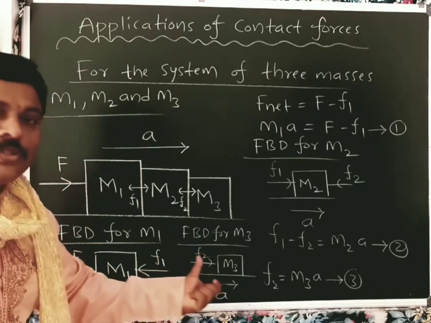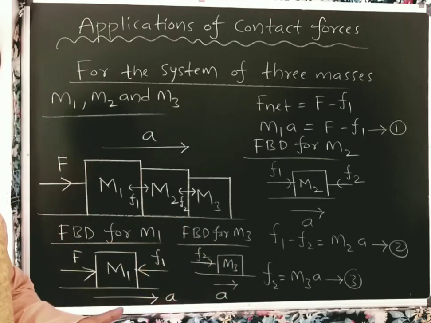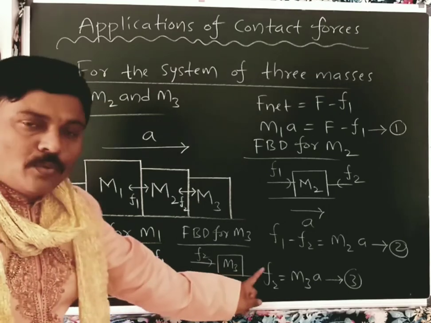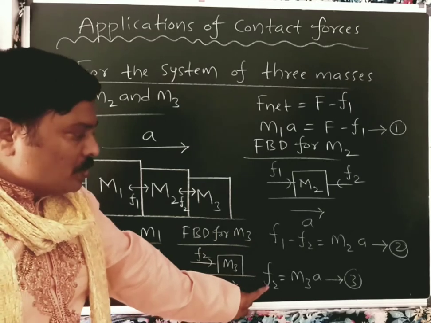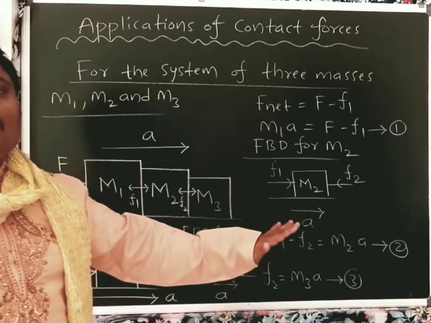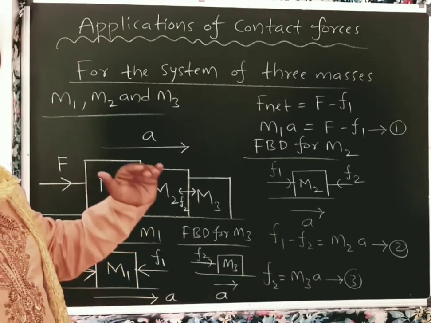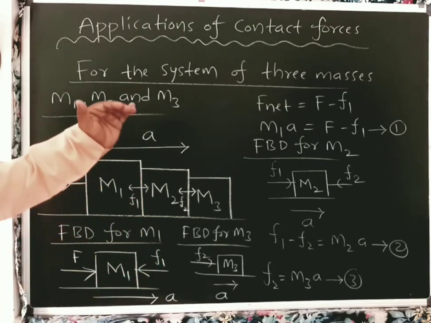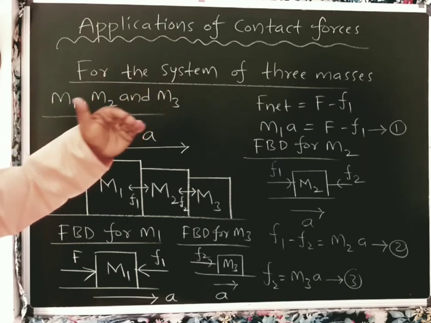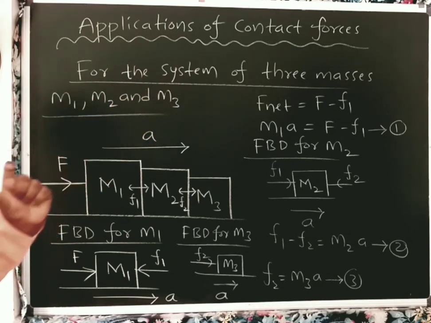The net force acting on mass M3 is equivalent to contact force F2 only. So we write the expression F2 is equal to M3A. This is equation 3.